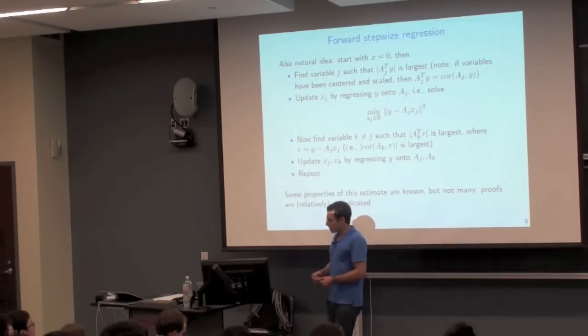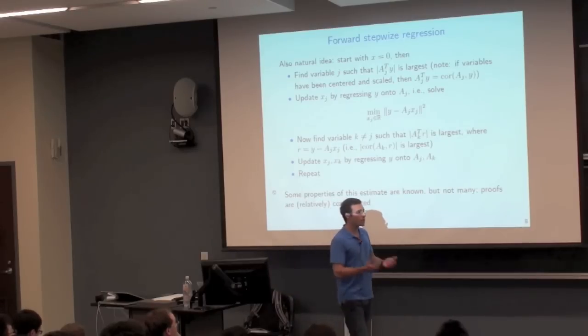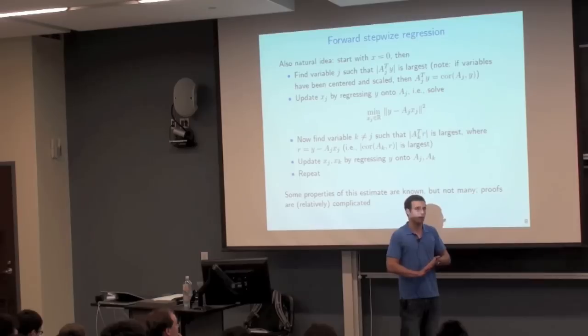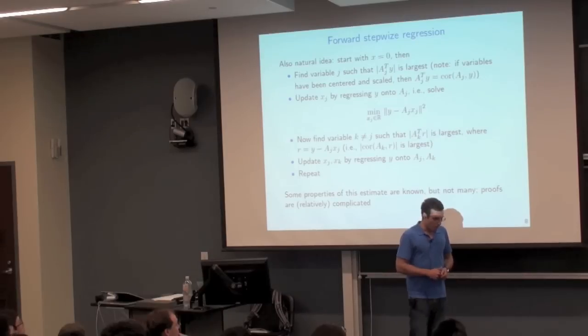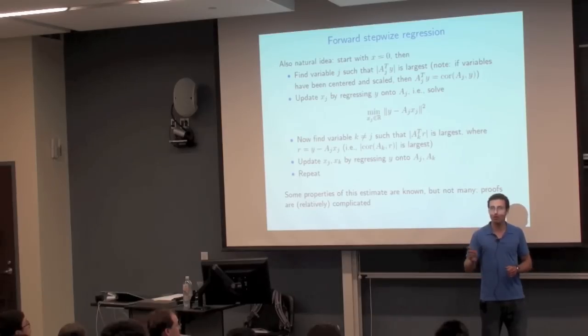Some properties of this estimate are known, but not many. And the proofs of those properties are actually relatively complicated. So some pretty heavy-duty math is required to prove things about this estimate. For example, you might ask, let's suppose that y was really equal to a linear combination of a small number of variables plus some noise, and that noise had a particular distribution.